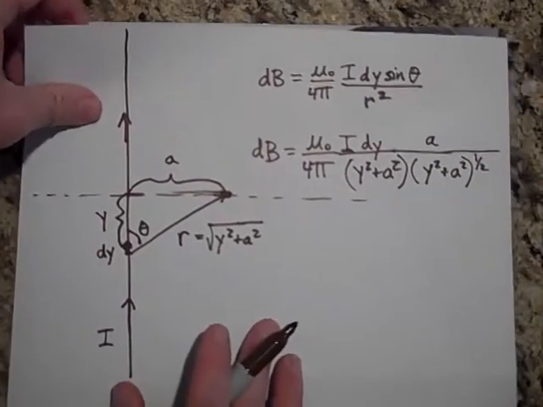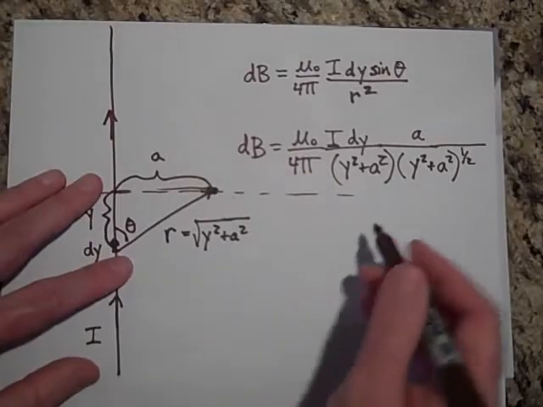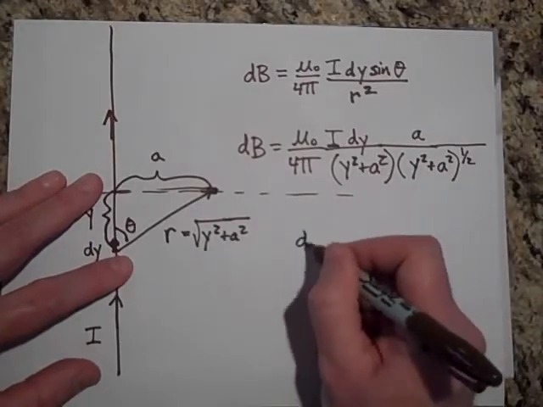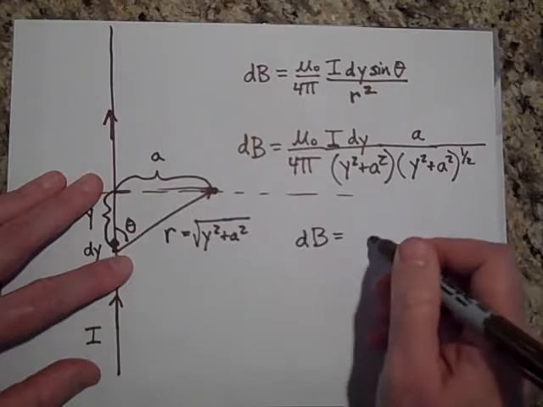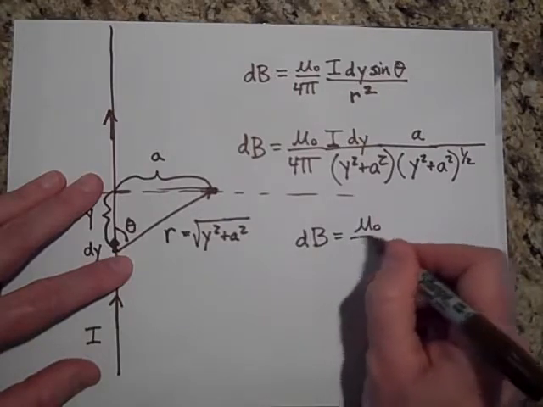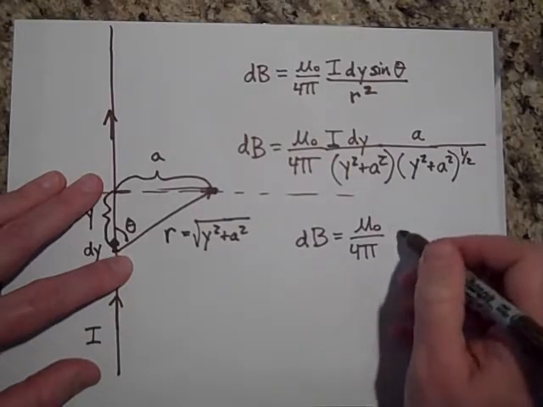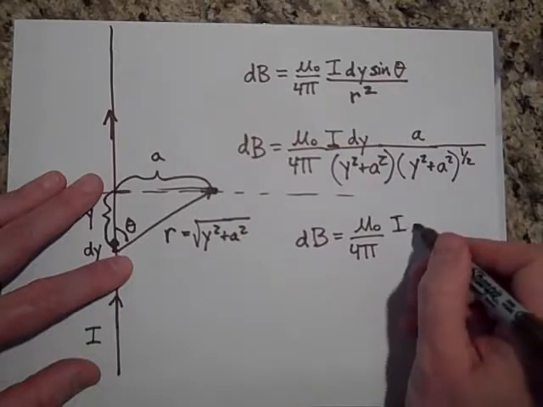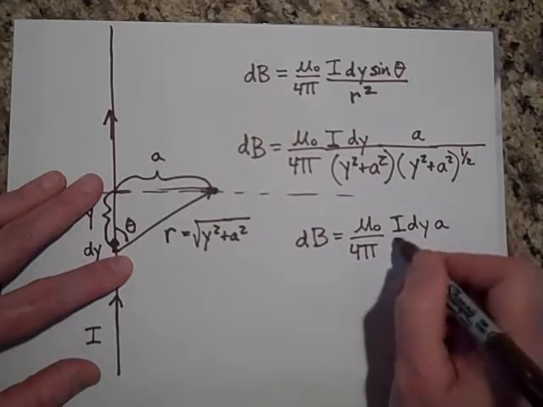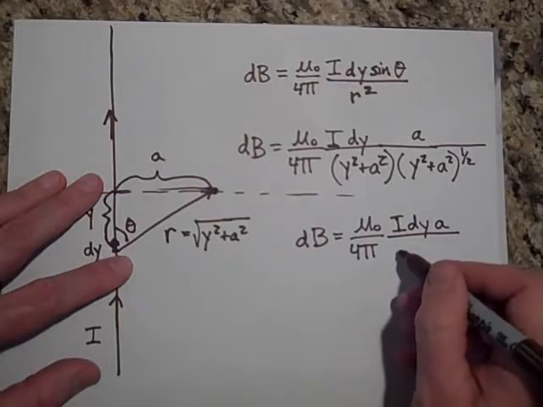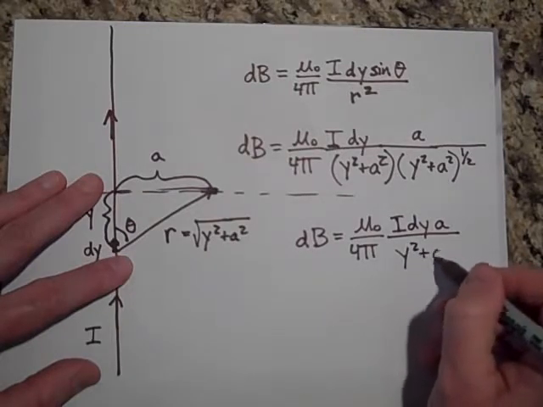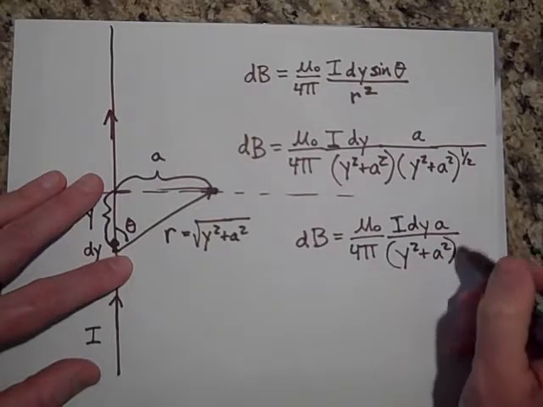Now I can combine these a little bit, and so dB is equal to mu naught over 4 pi, and then I dy, a being just a constant, over y squared plus a squared to the 3/2 power.